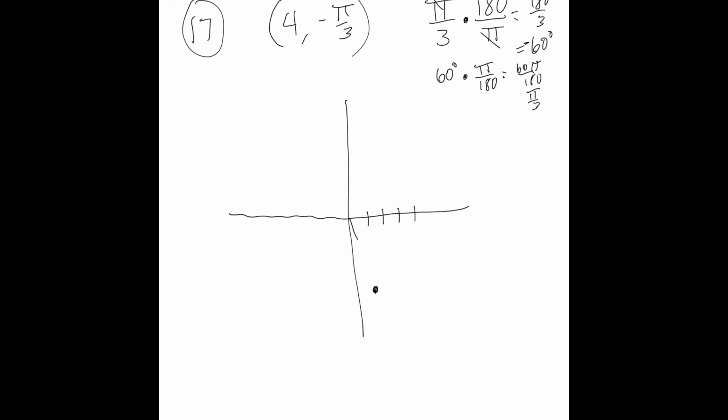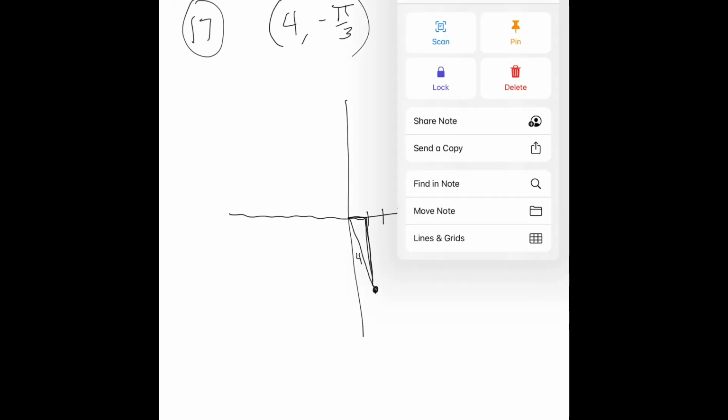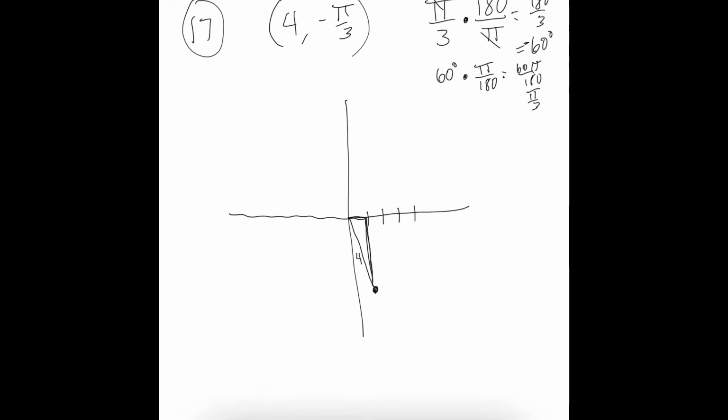Alright, so what we got to figure out is our x and our y. We already know our radius is 4, and so let's do this right here. Let me make this a little straighter.